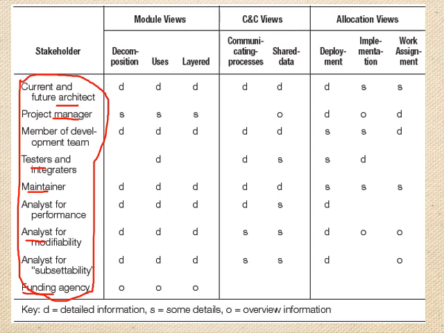This list can be different from system to system. And here we put a list of the views. We put them in groups according to the view. For example, module view: decomposition, uses, layered; C&C view, or component and connectors view; and allocation view.